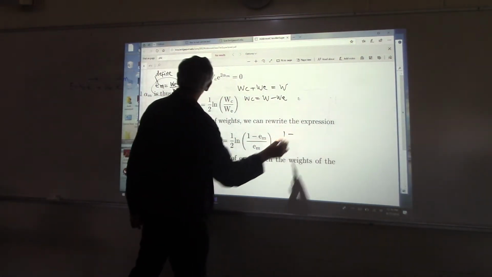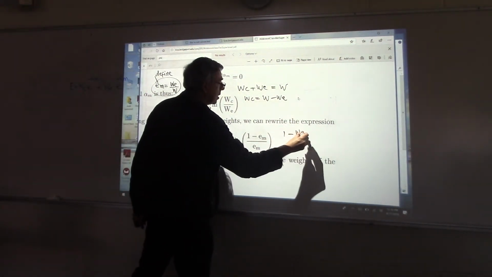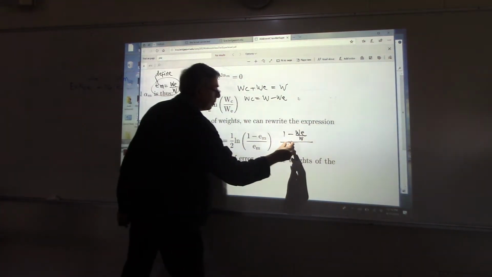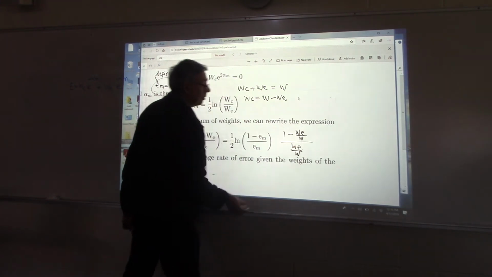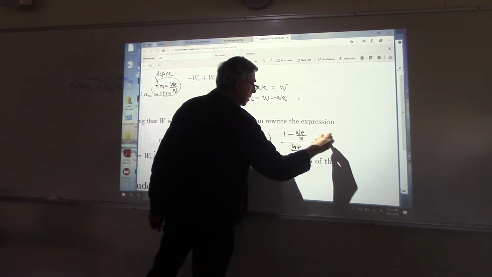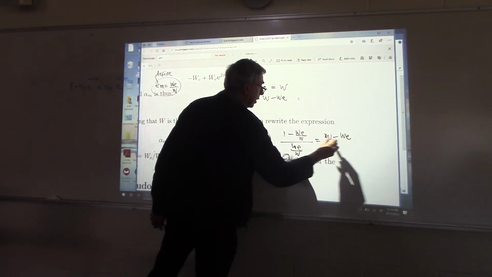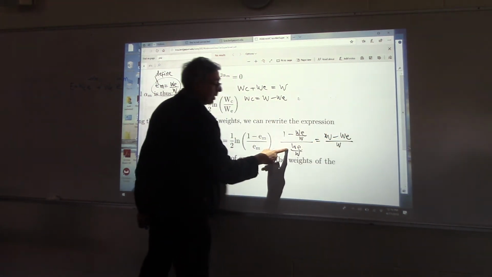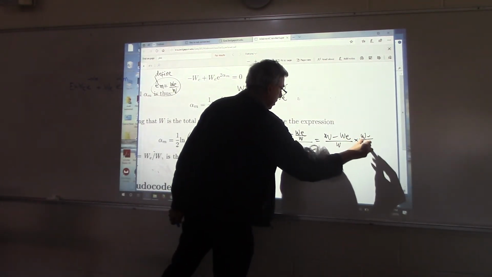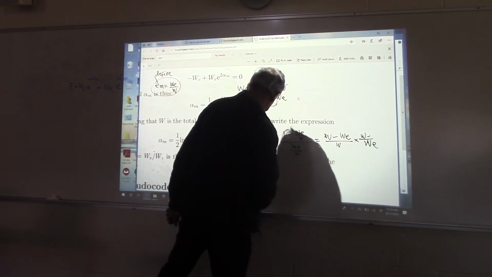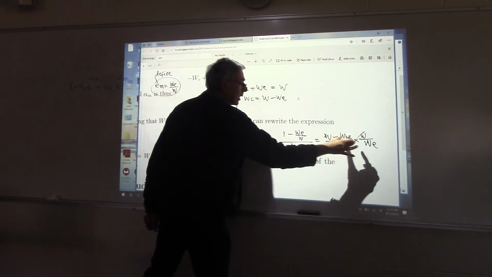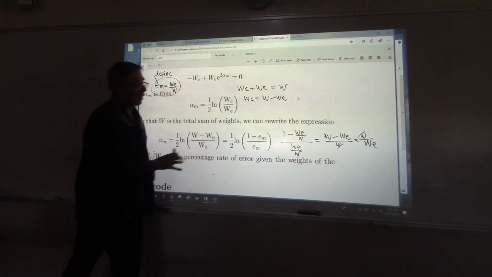This becomes 1 minus WE over W, divided by WE over W. The top becomes W minus WE over W, and dividing gets multiplied by W upon WE. W over W cancels, so you will see this is exactly the same as the original.